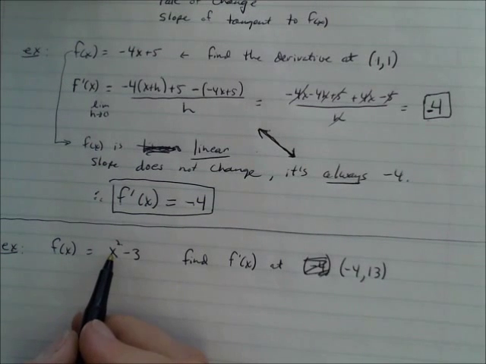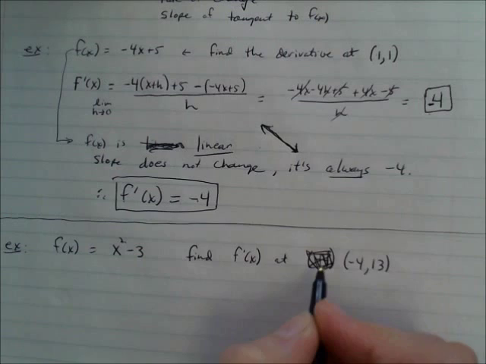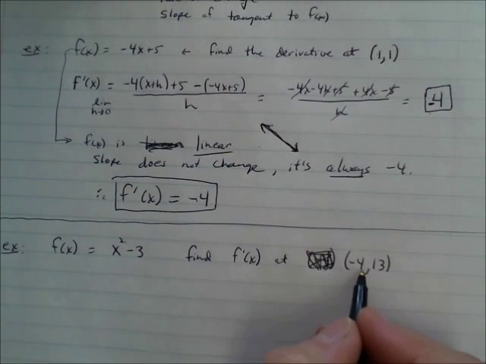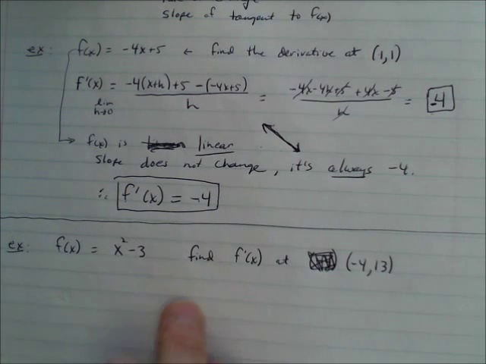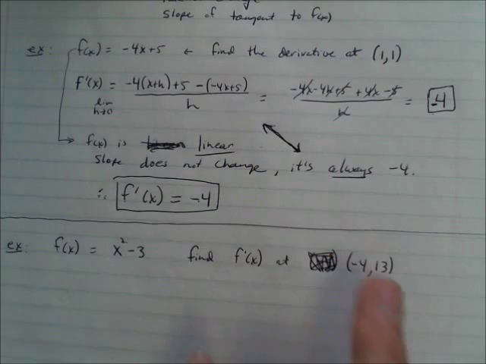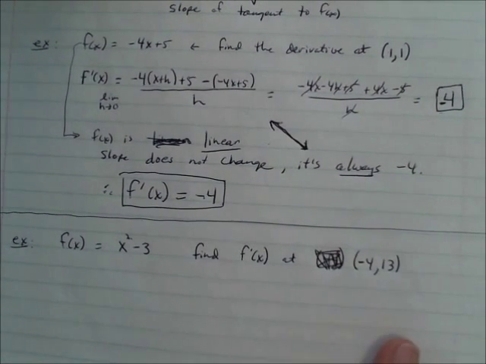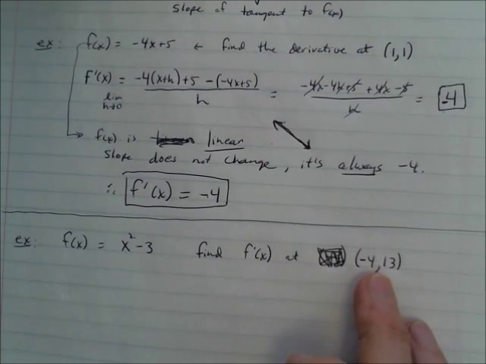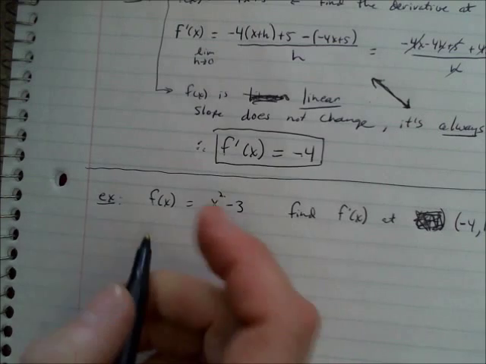When x equals -4, the y value is equal to 13. So let's find the derivative of this function at this point. Well, remember quadratic parabolas, the slope is going to change. It's not going to be like a linear function. So the slope is going to change depending on where you are on this graph. So we're going to find the slope here at -4, 13.